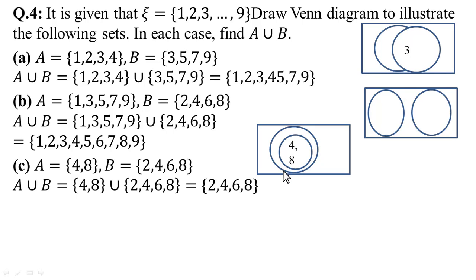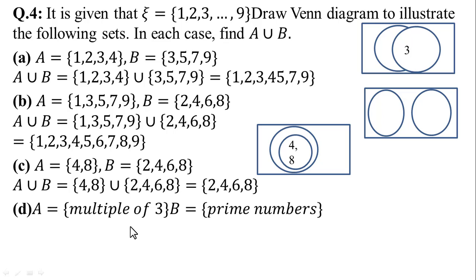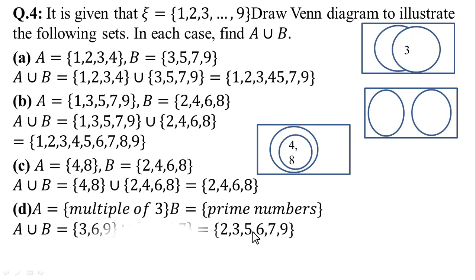Now set A is the multiples of 3 and set B is the prime numbers. So we take the union of A union B. The multiples of 3 are 3, 6 and 9, union the prime numbers 2, 3, 5 and 7.